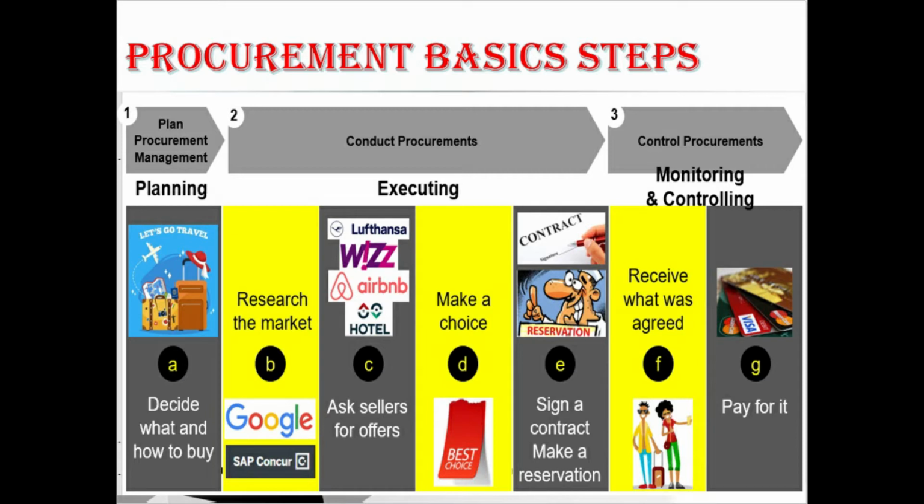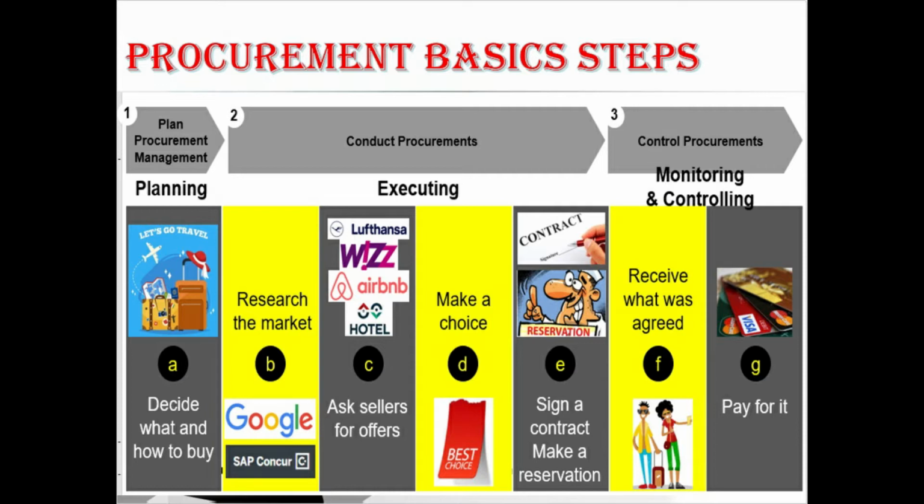That is from planning, conducting, and controlling. In the first step, we decide what and how to buy. In the second step, we research the market by Google or SAP Concur, or any other sites. The third step is asking the sellers for offers. In the fourth step, we make a choice.